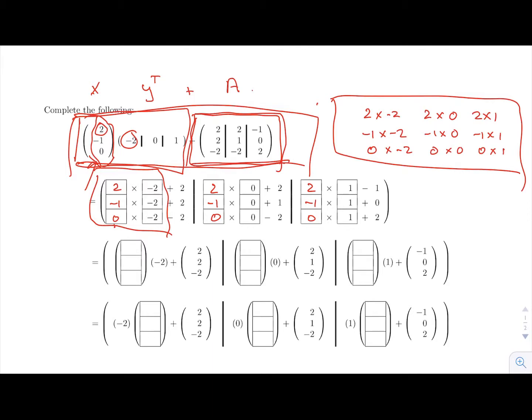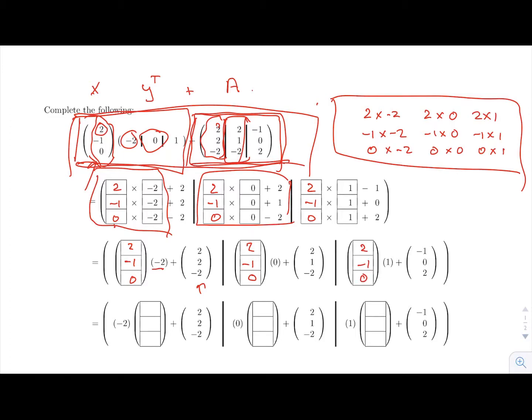So you can also think of this as 2, minus 1, 0, multiplied by the scalar minus 2, and adding that particular result to the first column of matrix A. And then you can do the same thing for this right here, and lo and behold, you get that same vector, now times 0, added to the second column of A. And hopefully you're starting to see a pattern here.